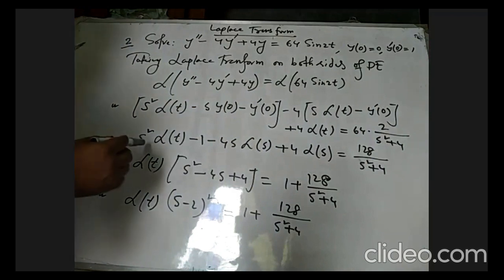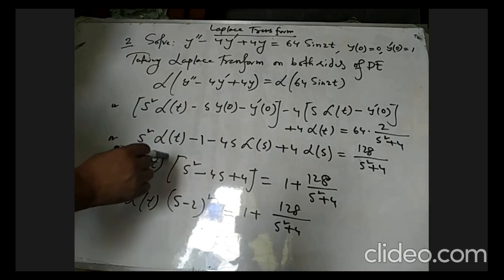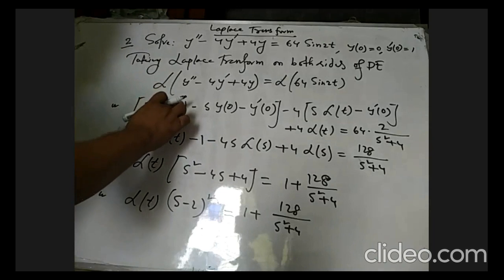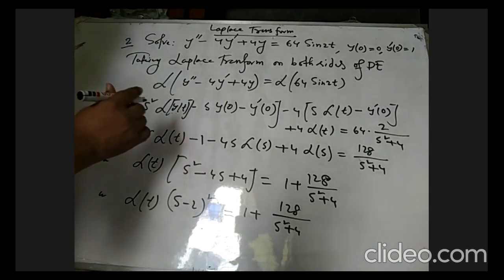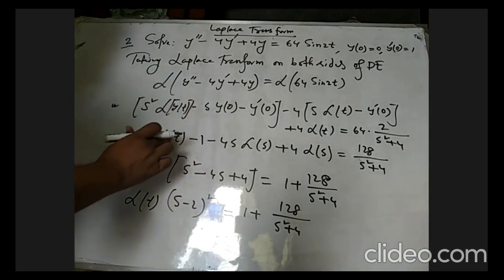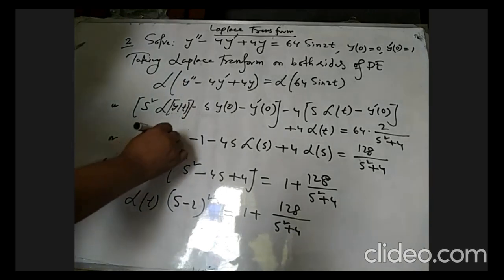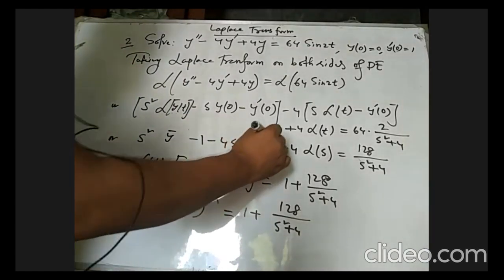Now s square into the Laplace transformation of y(t). Remember, this is actually y(t). At t equals 0, the Laplace transformation of y(t) can be written as y bar. We are writing the Laplace transformation of y(t) as y bar.